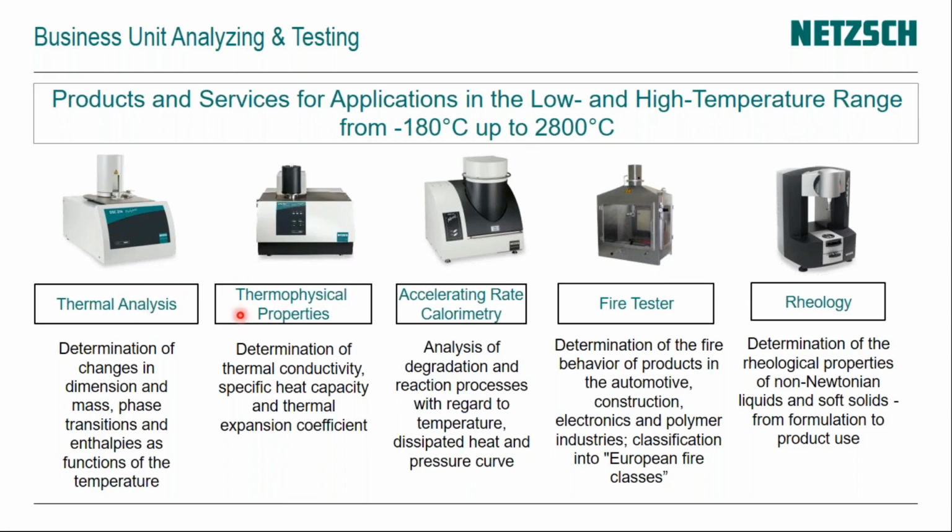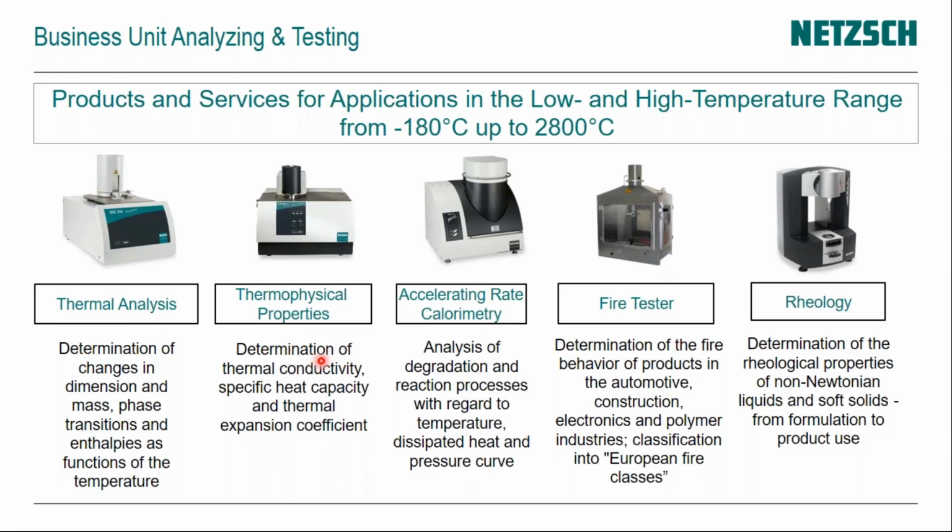We have broadly classified our product range of analyzing and testing. The very first one is thermal analysis, in which we basically do phase transition studies. Like, we study the phase transitions of a material and the mass change of a material. All that is done with a set of equipment like differential scanning calorimetry, thermogravimetric analyzer, and simultaneous thermal analyzer.